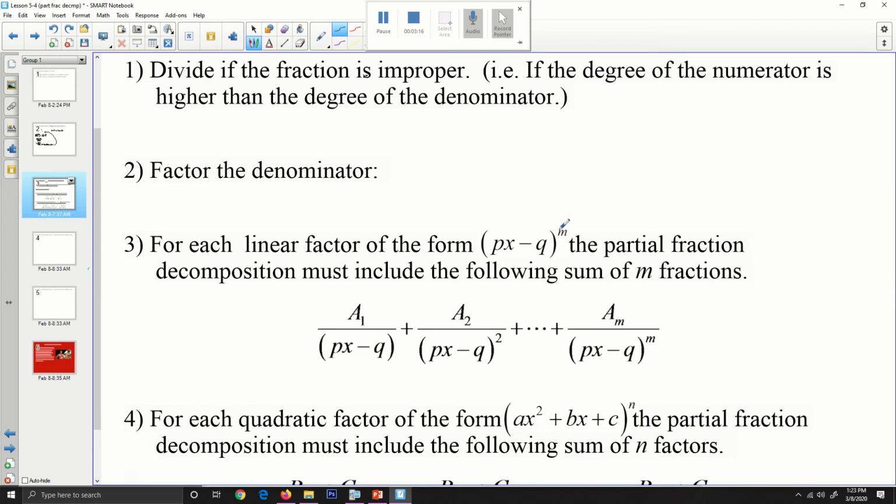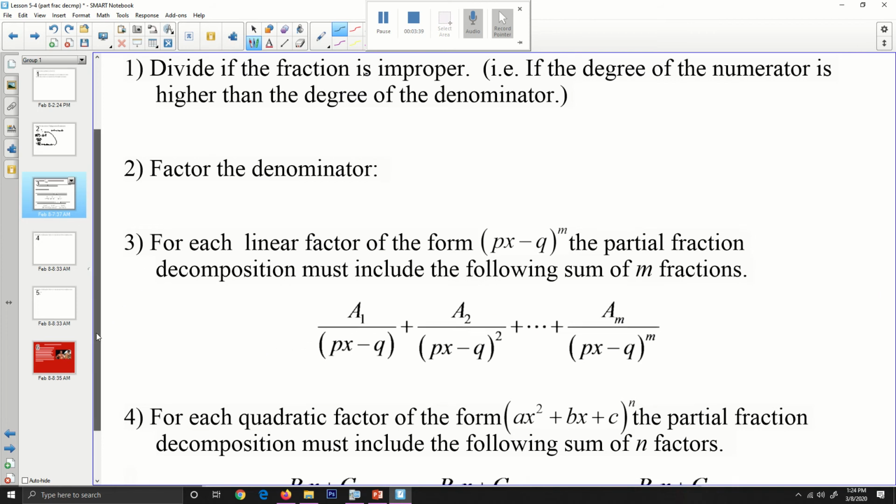But if it's squared or to the third power, you have to go a sub 1 over px minus q to the first, and then plus a sub 2 over px minus q squared. And then if there's a third power, you have to do one for each degree: one for the first degree, second degree, and third degree.